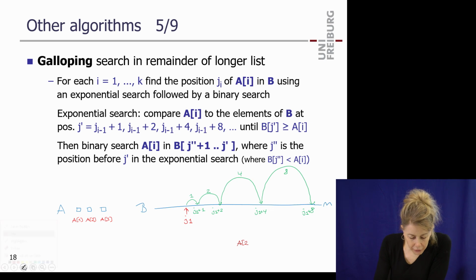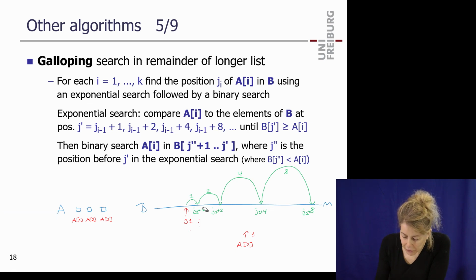So my question is, where is A2 located here? And what I'm probing at every position here, so let me write it like this, B at position J1 plus 1. I should write A first maybe.